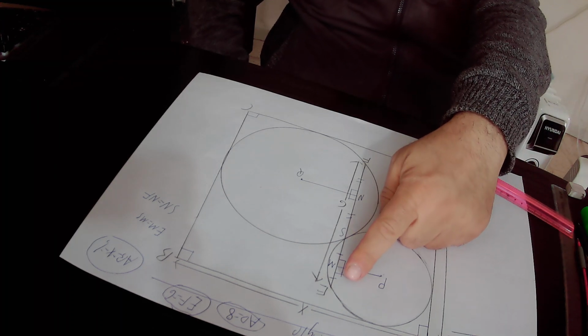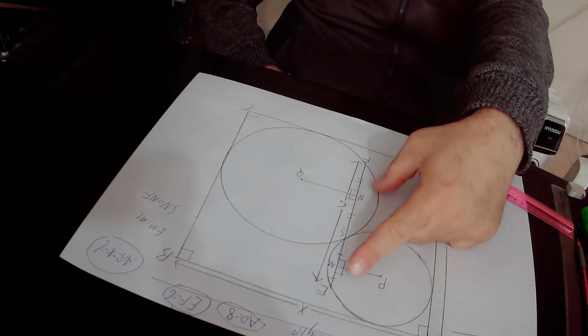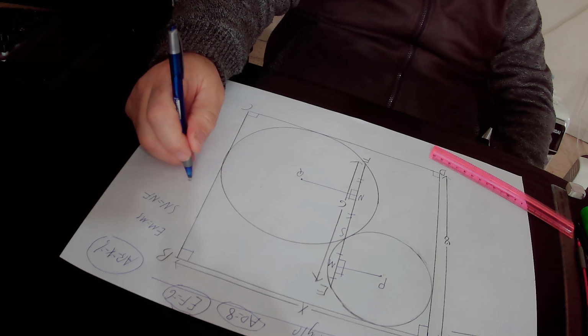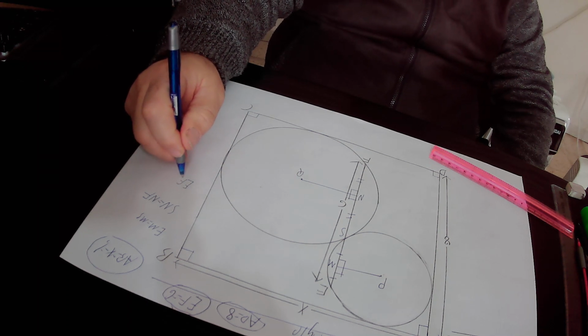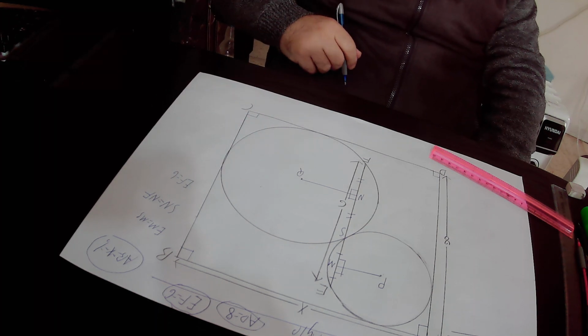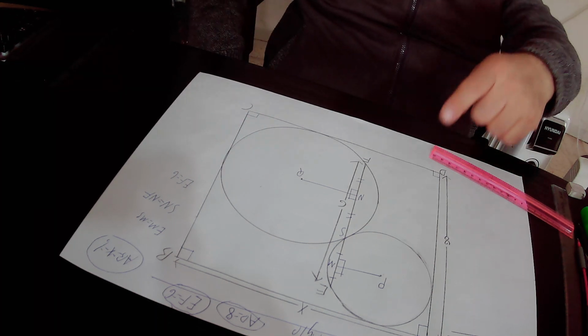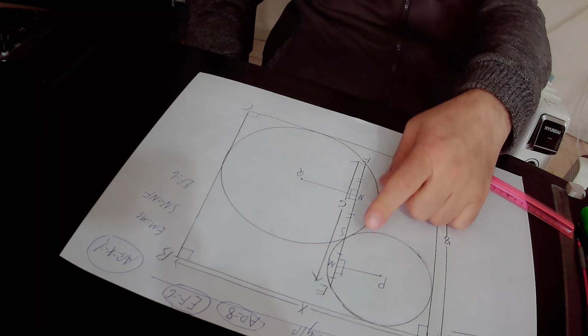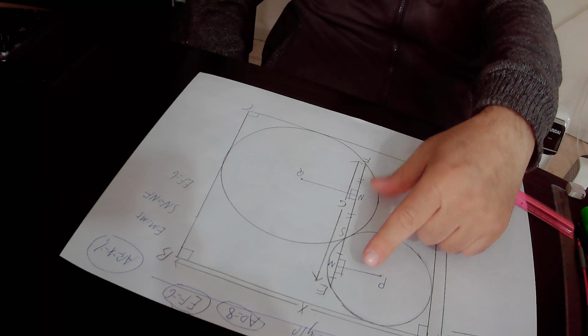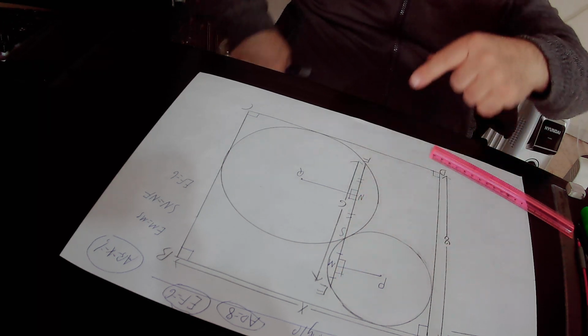We know that this line segment EF is equal to 6 units. EF equals 6. But EF equals ES plus SF.